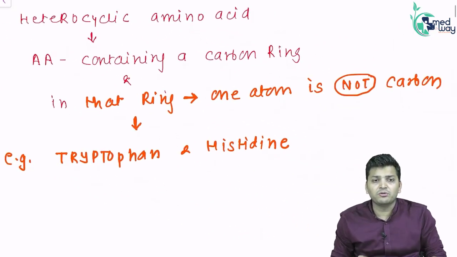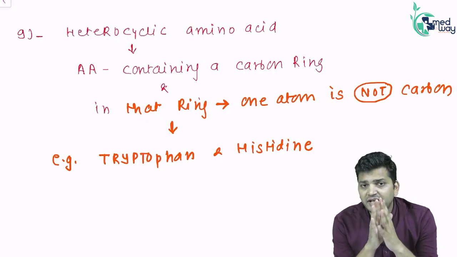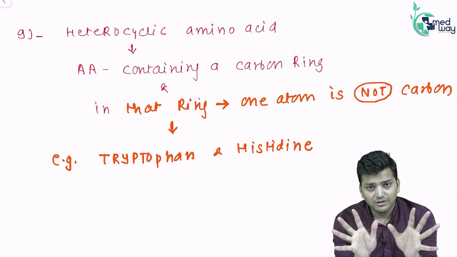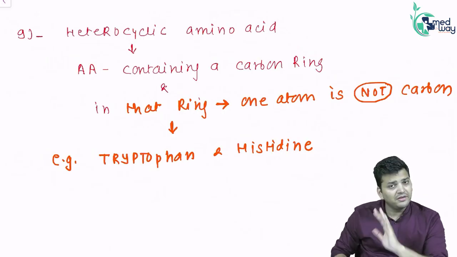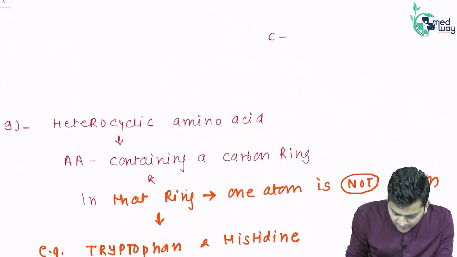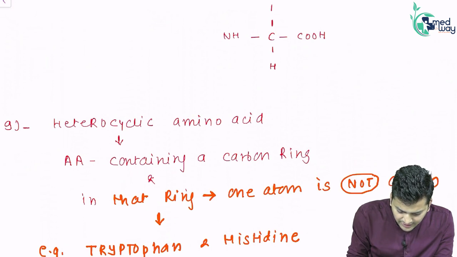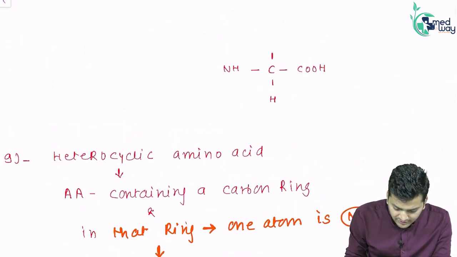Now, what is the meaning of heterocyclic amino acid? See, if an amino acid is containing a ring of carbons and one of the atoms is other than carbon. For example, if I just draw a structure for you, let's say here is the acidic group, here is the amino group, here is the hydrogen, here is the R. Now what I'm saying is that in this amino acid, instead of this R, there is some carbon chain or carbon ring.